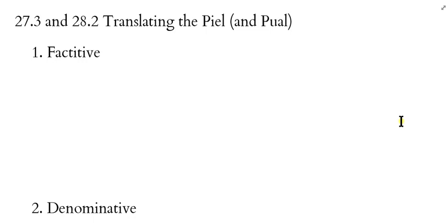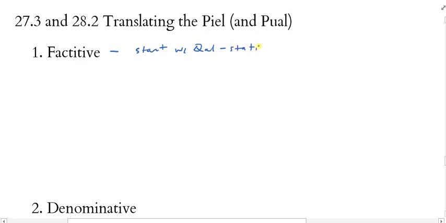So the first meaning is the factative meaning, okay? Here, we're starting with a verb in the cal, and it's stative in the cal. If I have a verb that is stative in the cal, then to put it in the PL is what's called a factative meaning.